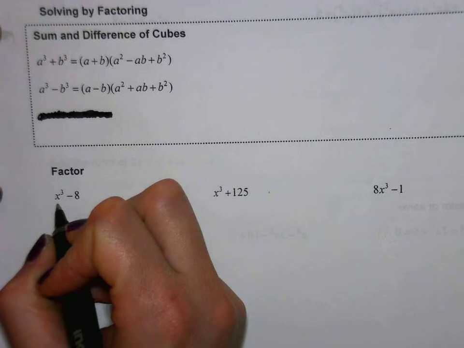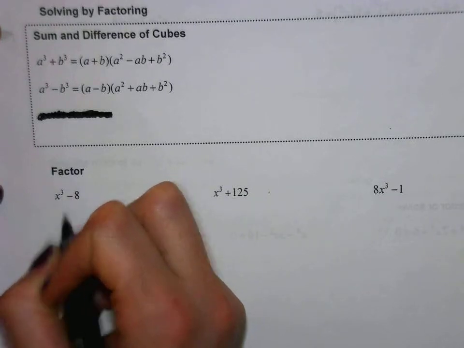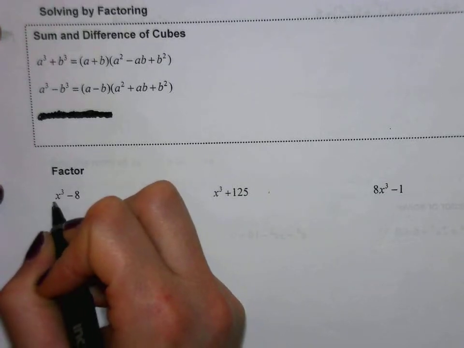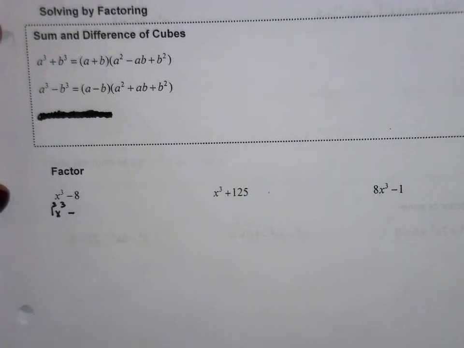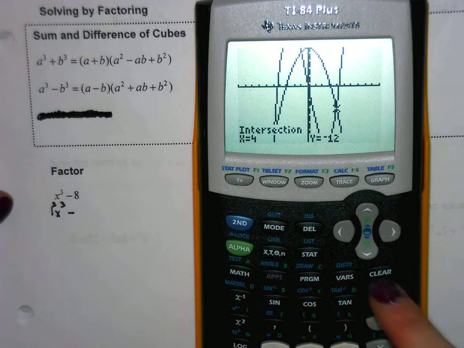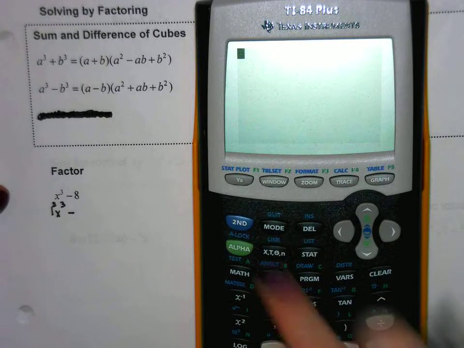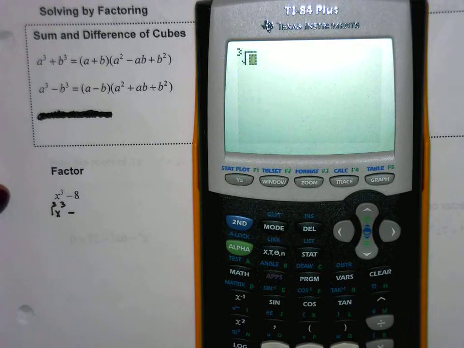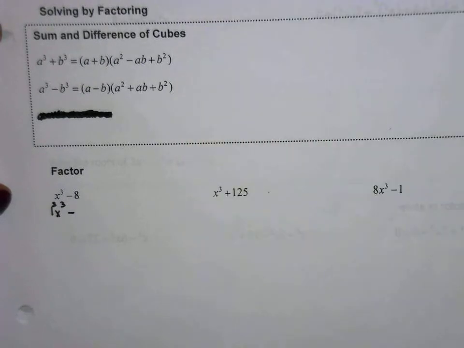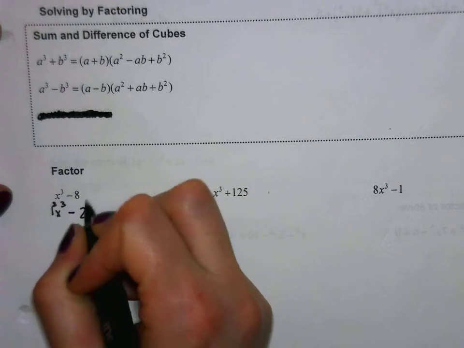So really our coefficient in front of our x is a 1, so we have 1 cubed times x cubed minus 8 cubed, or not, sorry, 8. To find the cube root, we can do math, number 4 for the cube root, and 8, which is 2. So 8 is really 2 cubed.